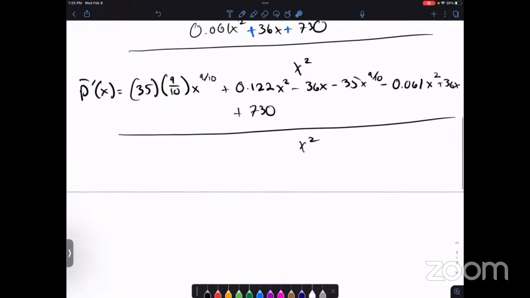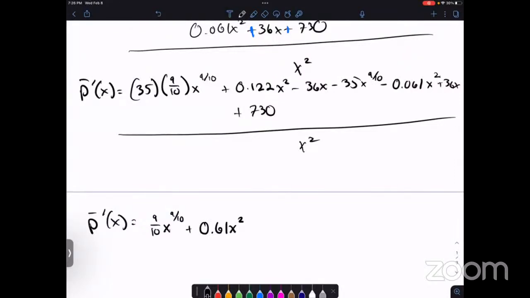So P bar prime, I think those essentially cancel, right? And so we're left with 9/10 x to the 9/10. They said 9/10 is just mucking stuff up, right? x squared. So I think that's like 0.61. So we're gonna say plus 0.61 x squared, okay?